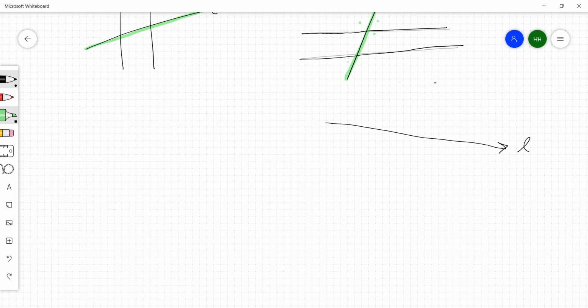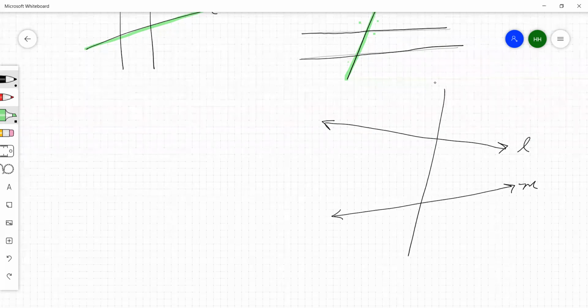We've got line L. We got line M. We're going to call this transversal T. Now we're going to number these angles.